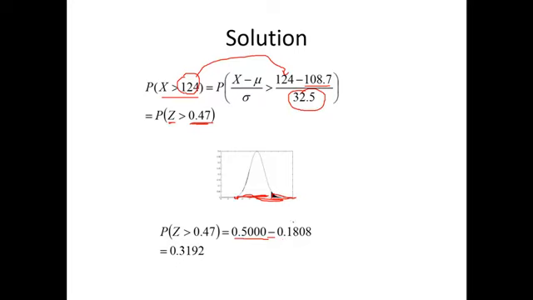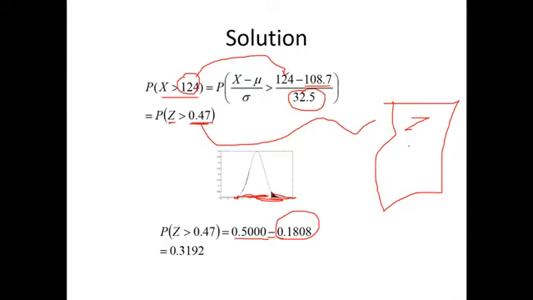I subtract the table lookup for 0.47, right? I go to my normal table, I do my lookup of 0.47, and that gives me the number 0.1808, and I do the math, and it turns out 0.3192, which is 31.92%, or 31.9%, or about 32%, right?